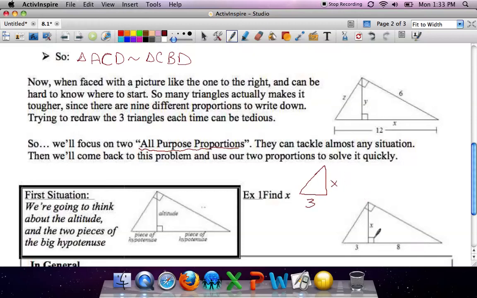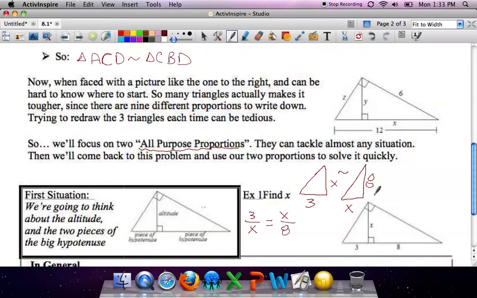Now let's think of this triangle over here. If we spin it around and line it up, it's going to look like this: 8 and x. And these are similar triangles. So we can set up the proportion that 3 is to x as x is to 8.